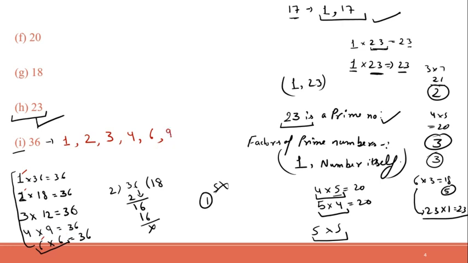Then 9, then 12, then 18, and in the last, the number itself, that is 36. So these are the factors of 36. Got it? I hope I made this clear to you.